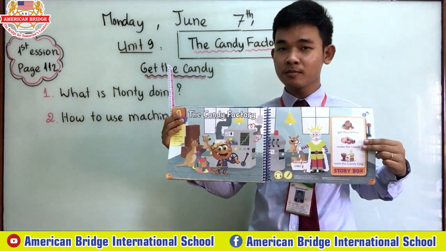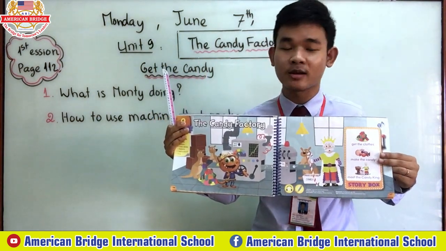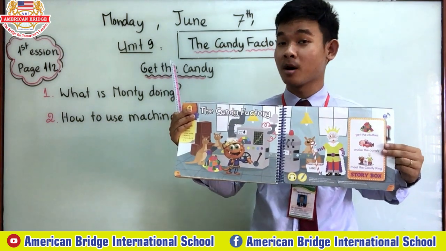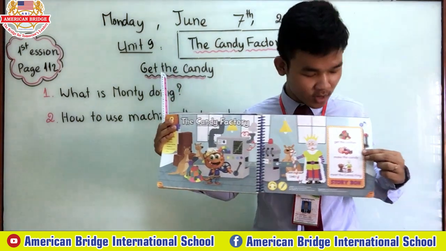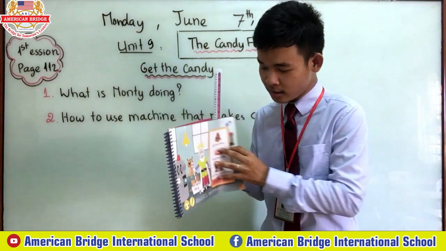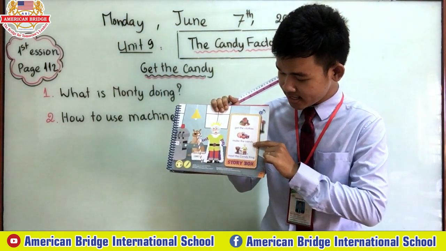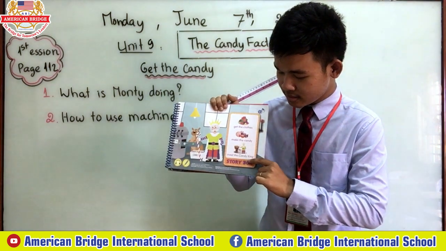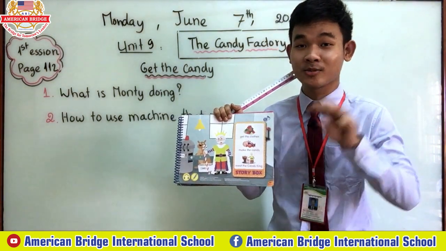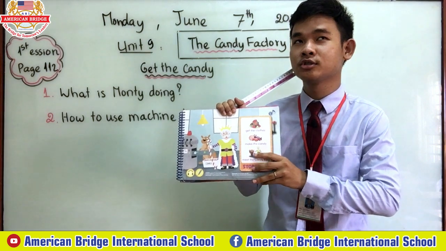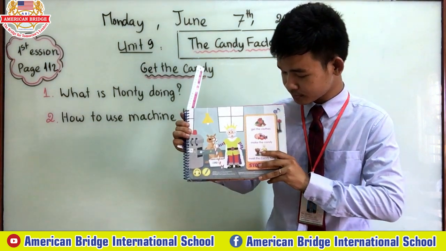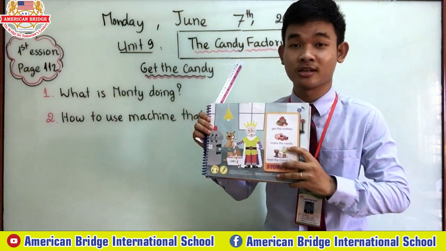Can you tell me what are the 3 things that we have to do in order to have Monty? Look at the story box. Get the clothes, make the candy, meet the Candy King. So, 3 things. Did you know how to use the machine already, everyone?